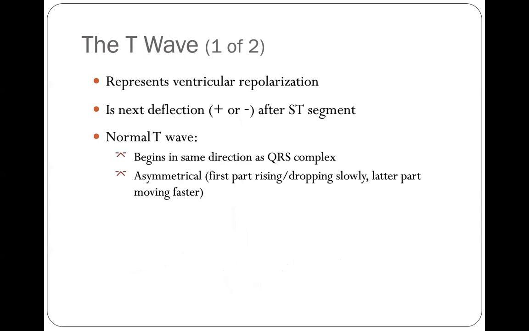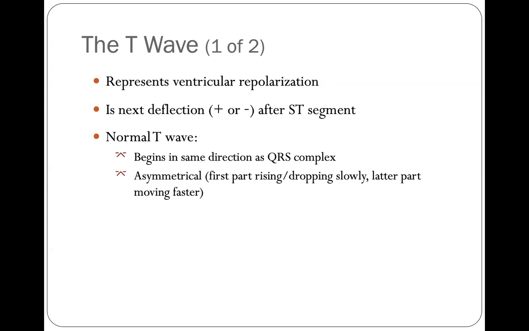The T wave is the wave that follows the ST segment. A normal T wave begins in the same direction as the QRS complex. We'll talk about why. And it should be asymmetrical. So the first part, the rising part, goes up slowly, and then the latter part drops faster.